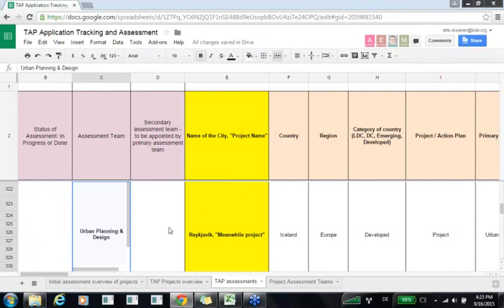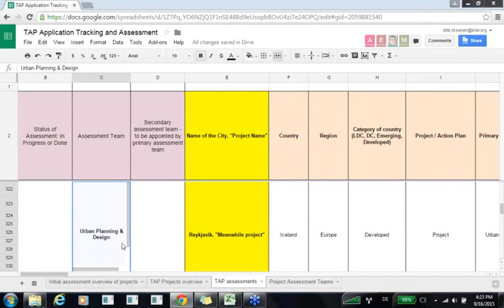Now, a little bit more information on this assessment sheet itself. The first part here, of course, we have one column to tell us what is the status of the assessment, if it's in progress or if it's already done. The main assessment team as well. So here, for instance, for Reykjavik's application, we have put down urban planning and design as being the main assessment team for this application.